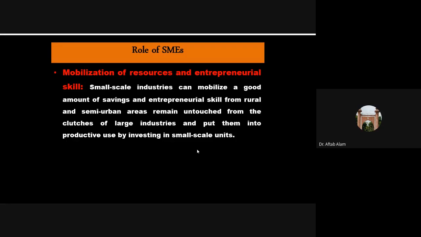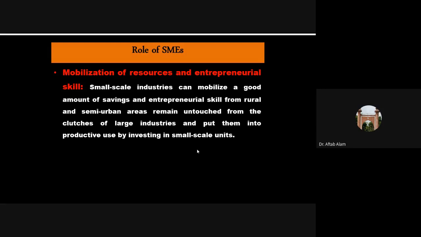So small industries can mobilize a good amount of savings and entrepreneurial skill from rural and semi-urban areas, right? Large scale enterprises don't venture into the rural areas, in the countryside. It is the small and medium enterprises which go to the rural areas, tap the rural resources, rural skill, and utilize it and start ventures, start businesses, and it helps the economy to grow.